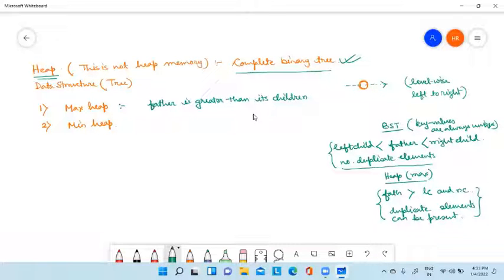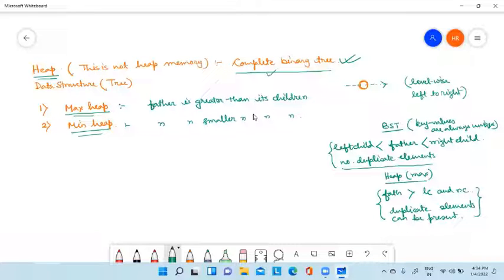Okay, so what is the definition of max heap? The definition of max heap is it is a complete binary tree, first thing. Then for max heap, the value of the father node is greater than its children. And obviously, what is the definition of min heap? Father is smaller than its children.